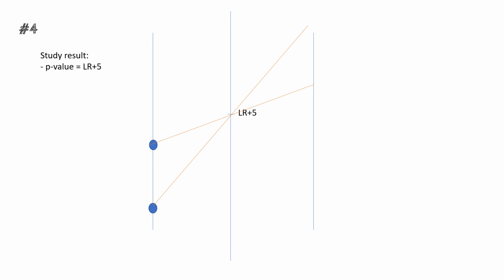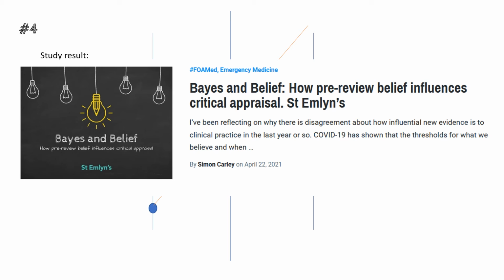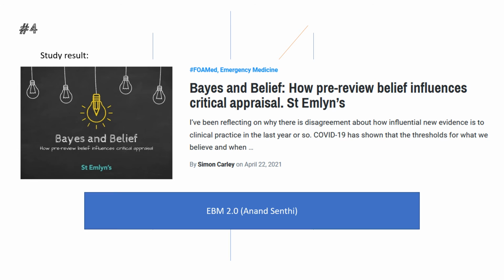But someone who's skeptical reads the same study and just becomes a bit more sure, but not that much. So this explains why we can agree on the results of a study, but depending on our pretest assessment of the area, we can get wildly different conclusions. And the guidelines may or may not be updated because of this. If you want to know more about this, please check out Simon Carley's Bayes and Belief blog, which for me was eye-opening.